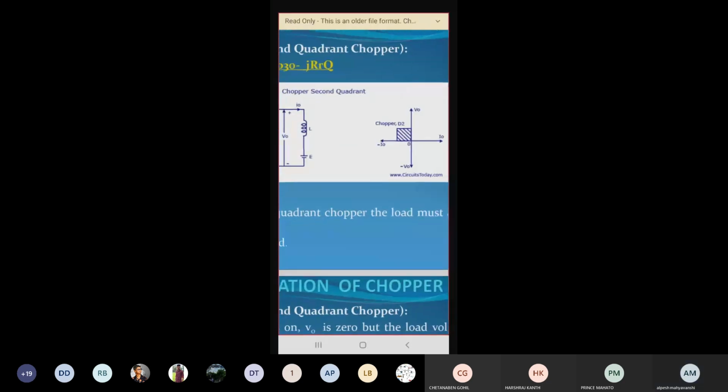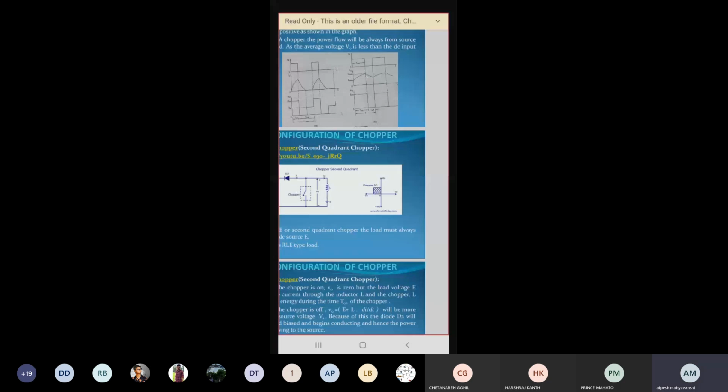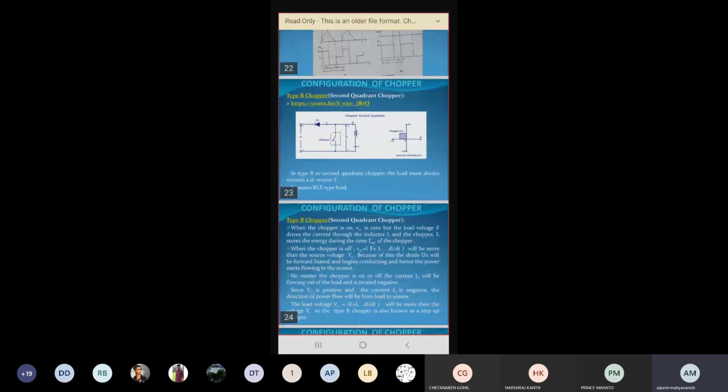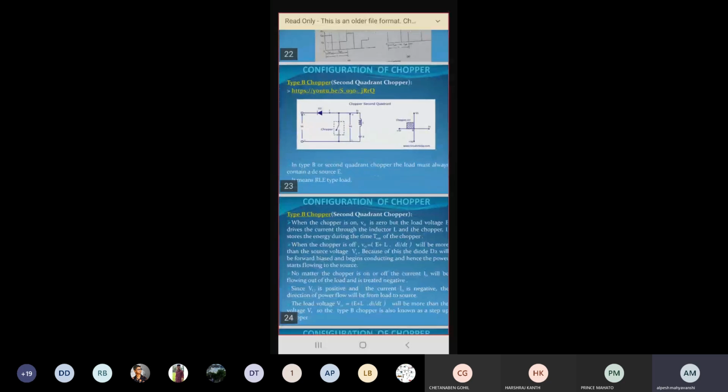Now here we assume that when the chopper is on, as soon as this chopper becomes on, the load voltage V0 becomes 0.